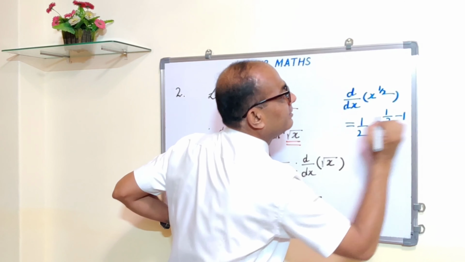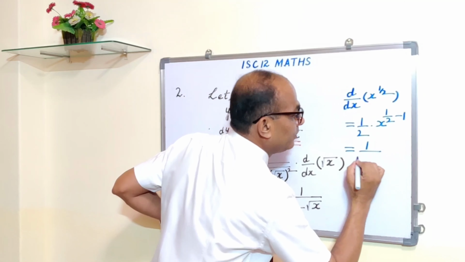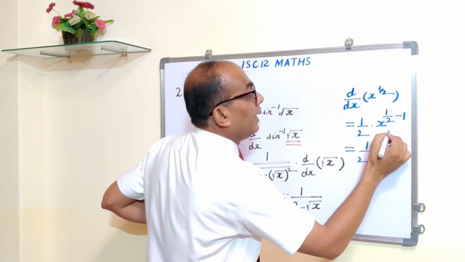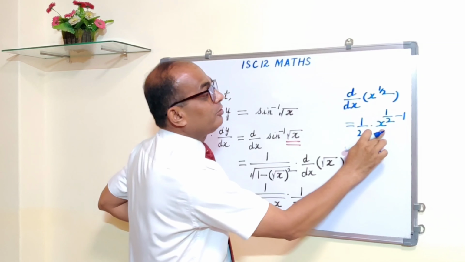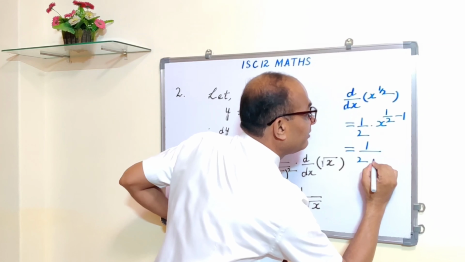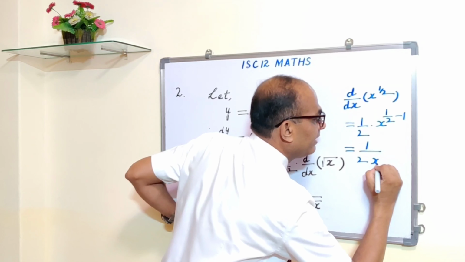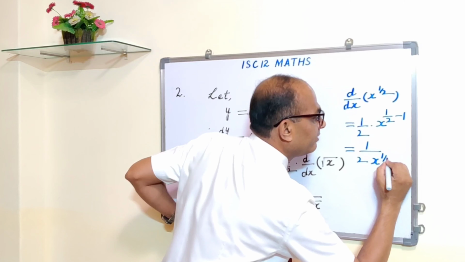That is equal to 1 upon 2, x raised to the power minus half. Is that fine?